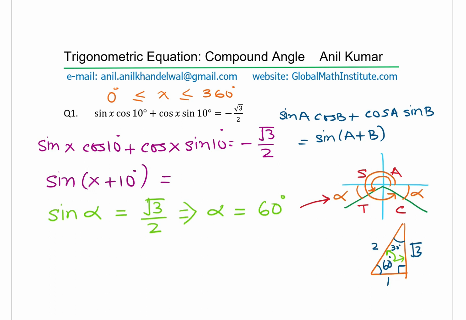And then we can find possible values, correct? And so now we get two possible values for x plus 10. So these positive values will be, in quadrant 3, it is going to be 180 degrees plus 60 degrees. And in quadrant 4, it is going to be 360 degrees minus 60 degrees. Is this concept clear to you?